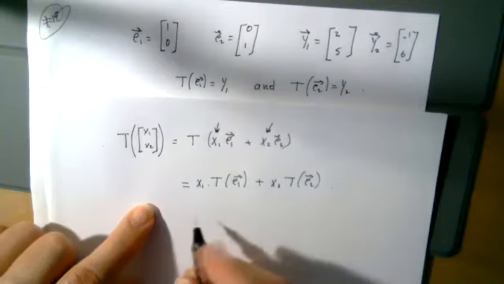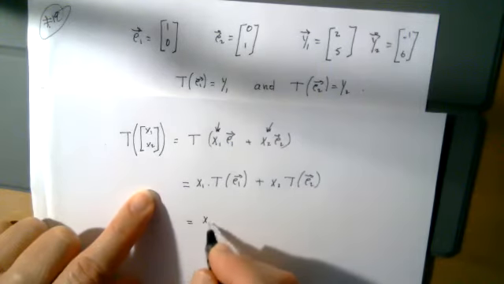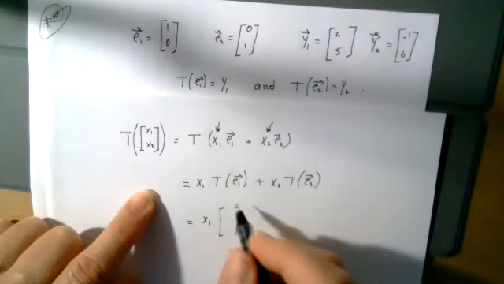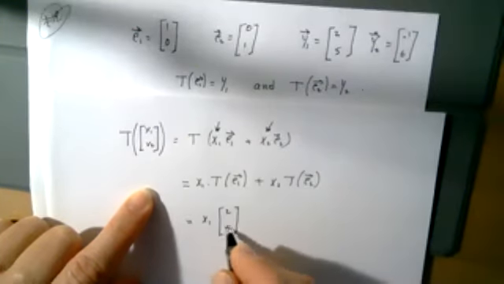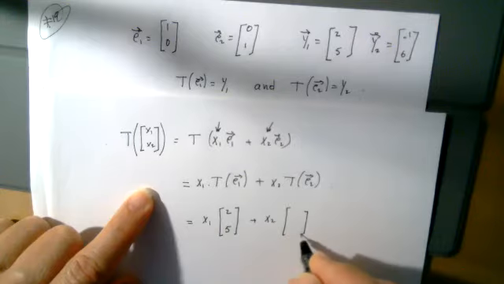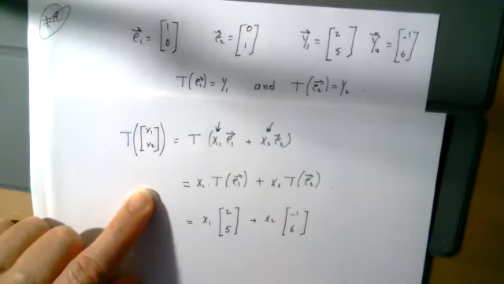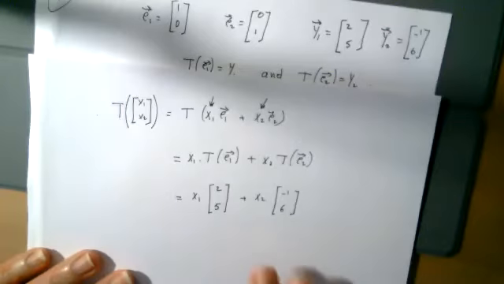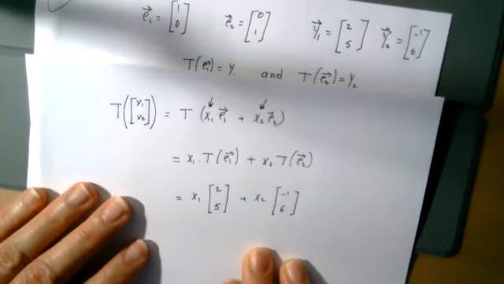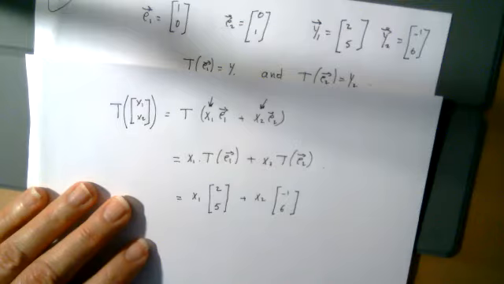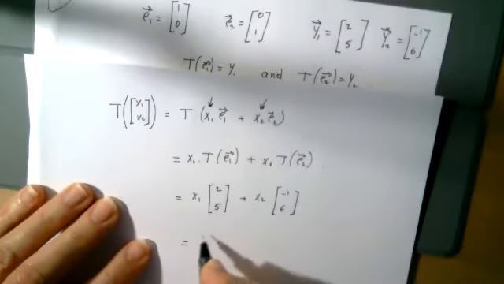Okay, so it's going to be equal to what? x1 times T of E1, that's my y1. This is 2, 5. And T of E2, that's my y2, which is minus 1, 6. Now, at this stage, I want to write this as a matrix times a vector. So instead of computing, I'm going to write this as a matrix times a vector. What is the matrix?